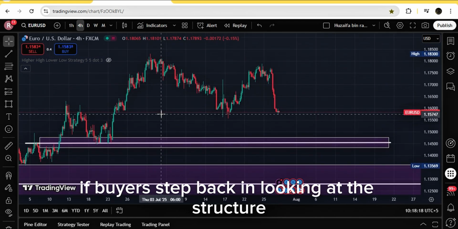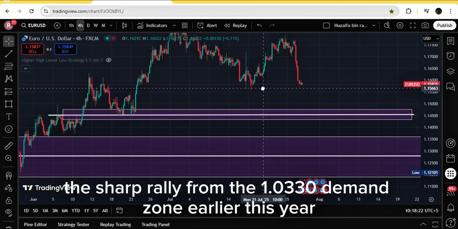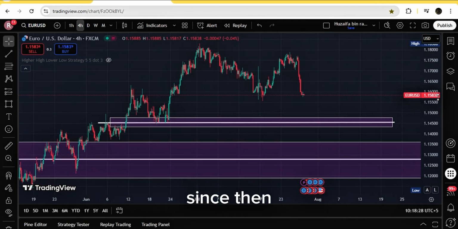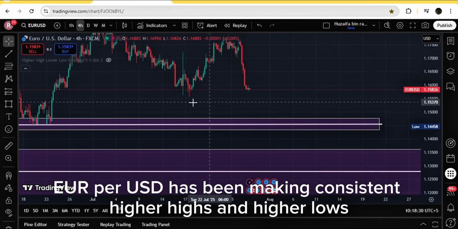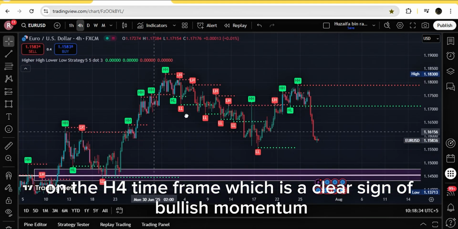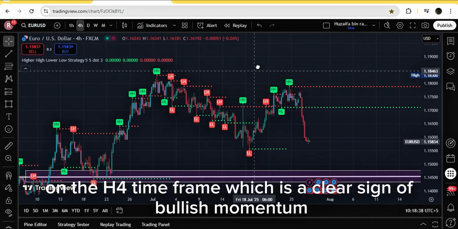Looking at the structure, the sharp rally from the 1.0330 demand zone earlier this year shows how aggressively the bulls took control of the market. Since then, EUR per USD has been making consistent higher highs and higher lows on the H4 timeframe, which is a clear sign of bullish momentum.